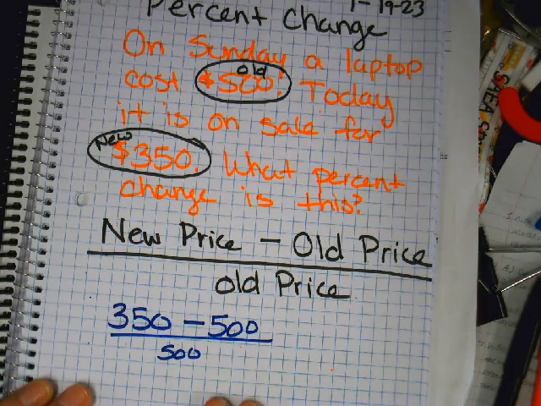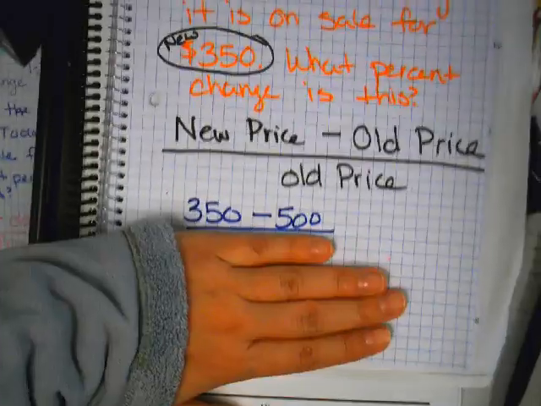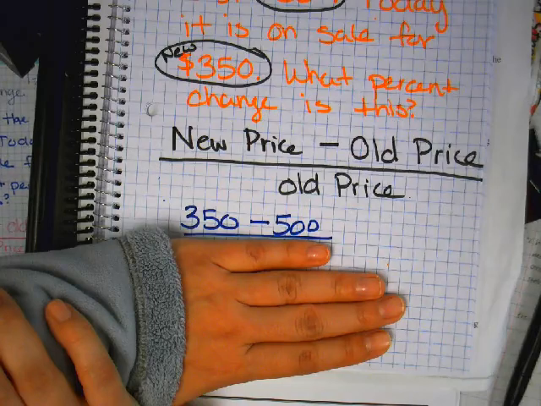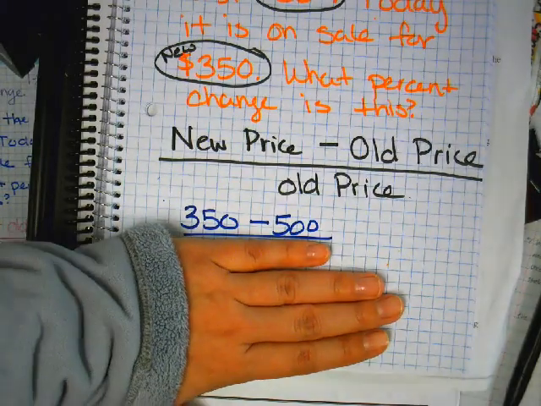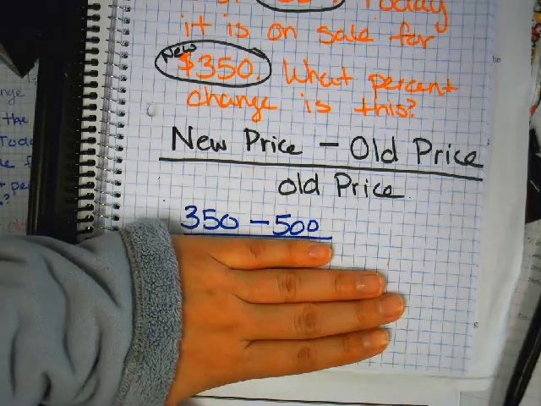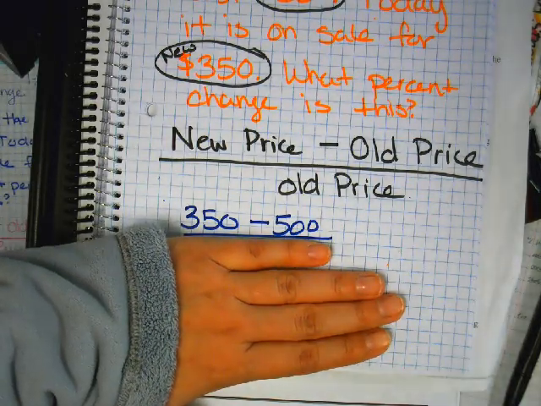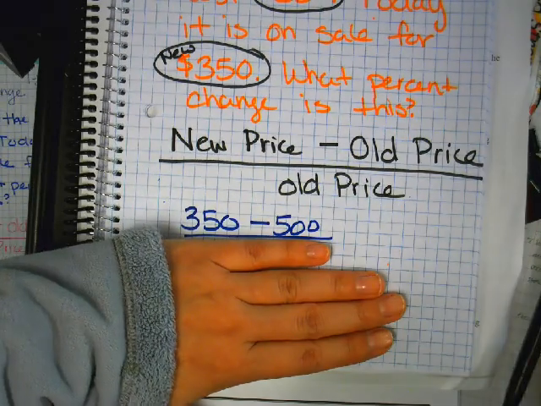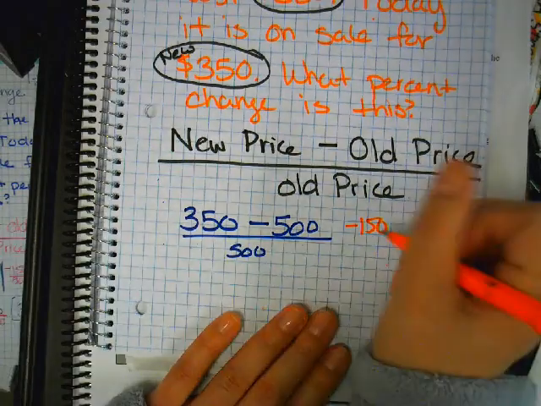Calculator, do this part first. Remember, you want to try using the calculator, so you go through the motions, not just waiting for us to use our calculator. Okay, what'd you guys get? Negative 150? Okay. Divided by 500. Okay.